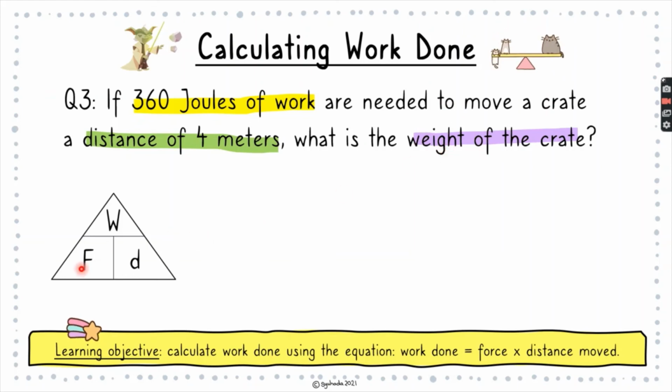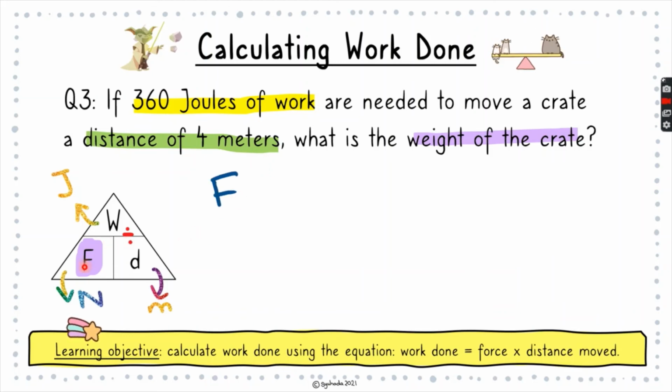So weight is the force, so we're going to cover force here, and what's left is W and D. And remember that when they are on top of each other like this, that means it is divide. So recall that work done has to be in joules, force is in Newton, and distance is always in meter. And we have that there and there, so we don't need to convert anything anymore.